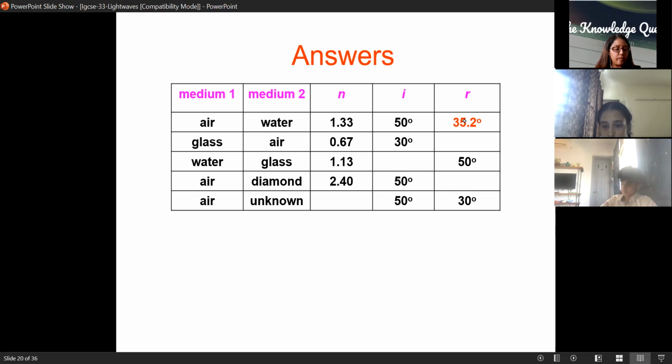Next, Shamik. Yeah, so the next one is sin 30 upon 0.67.